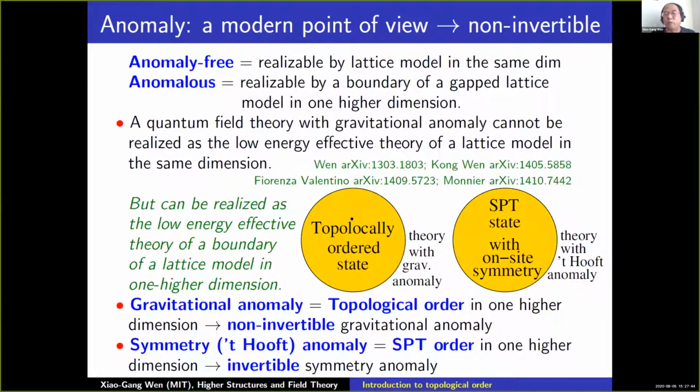Stacking two topological orders can never produce trivial states in general. So this more modern point of view really gave us more general gravitational anomaly, and in particular, non-invertible gravitational anomaly. The traditional gravitational anomaly, I think, may correspond to invertible topological order in the bulk.